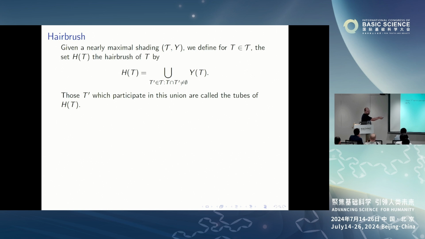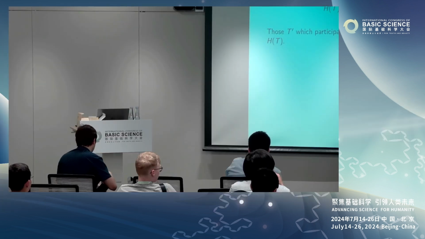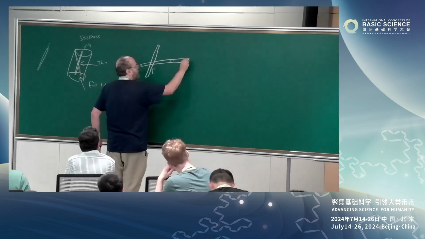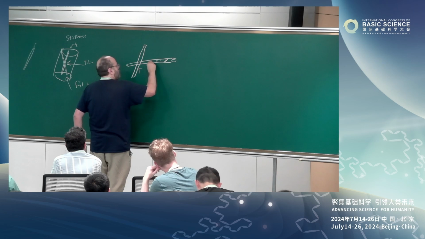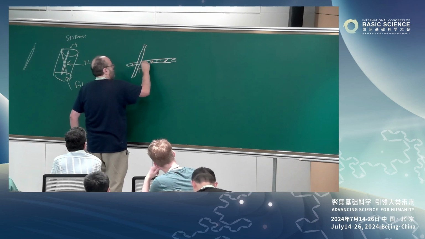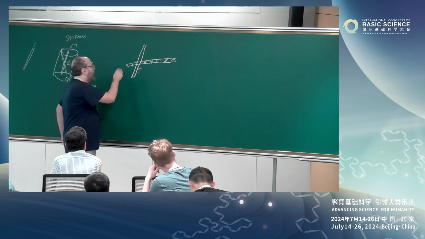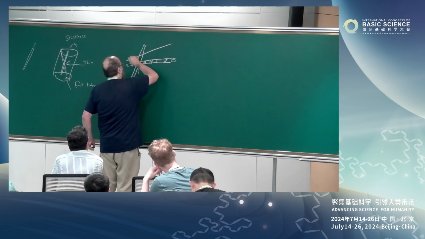My apologies. So let me draw a picture. Here is T, and the hairbrush of T, so this is T, and this is one of the T primes, and the T prime is shaded. So these shaded areas are the Y of T prime.